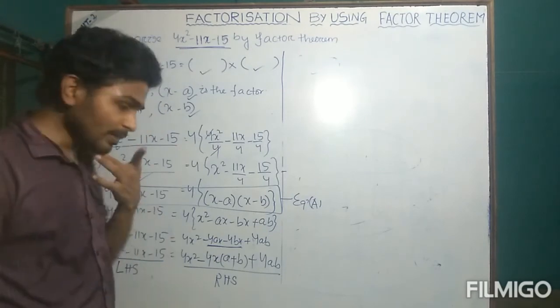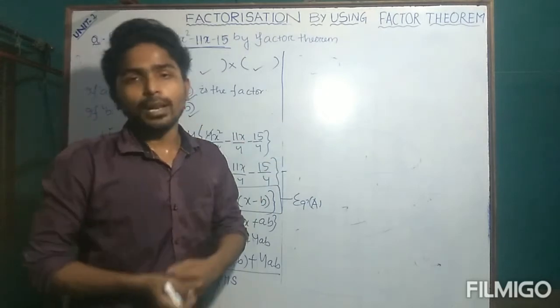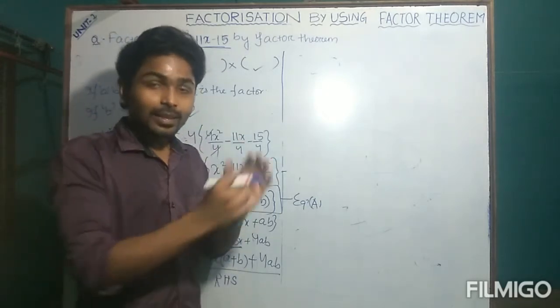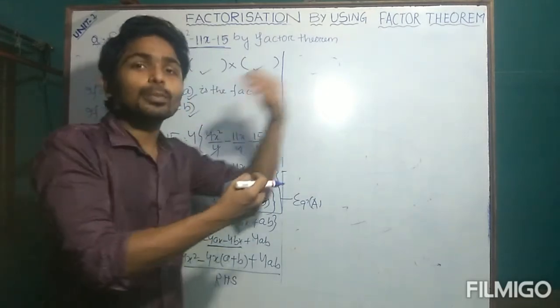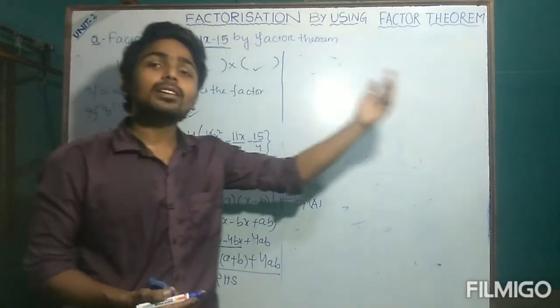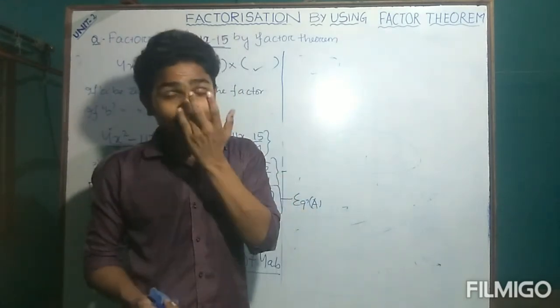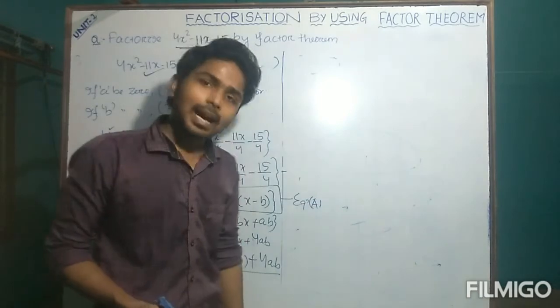And I have told you, if LHS and RHS are equal, that means their terms will be equal. That means the coefficient of x square of LHS is equal to the coefficient of x square of RHS. The coefficient of x of LHS is equal to the coefficient of x of RHS. And the constant of LHS is equal to the constant of RHS.